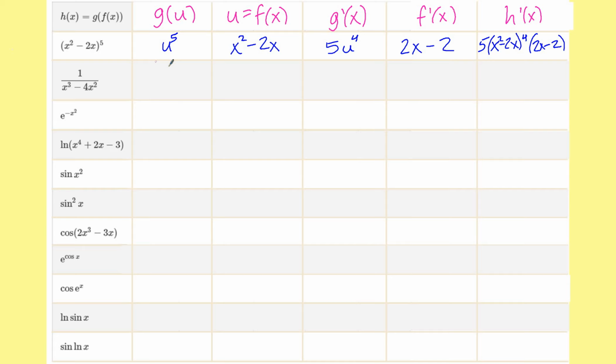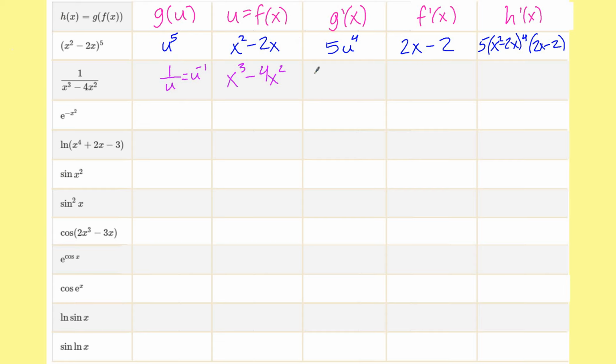So this one, we can think of it as 1 over u, or u to the negative 1. And our f of x, we can think of as x cubed minus 4x squared. Then the derivative of this one would just be negative u to the negative 2. Well, here, actually, I'll do both.